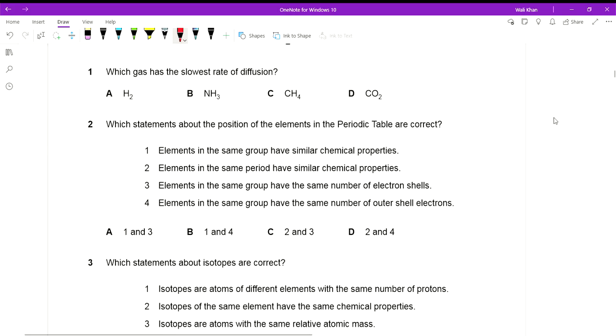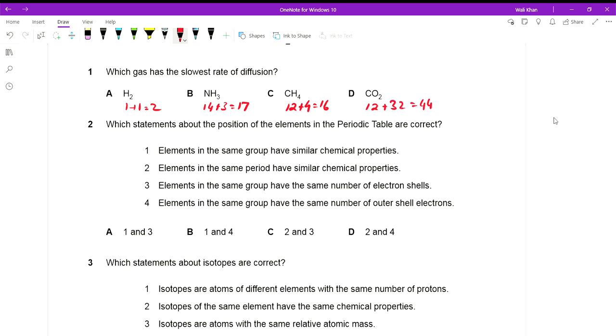Okay. Question number 1. Which gas has the slowest rate of diffusion? Hydrogen, ammonia, methane, carbon dioxide. So if you look at the molar mass of all the four gases, 2 molecules of hydrogen, 12 plus 4, it is 16, and carbon dioxide has 12. 1 molecule of oxygen has 16 molar mass and 2 molecules 32, so it is 44.